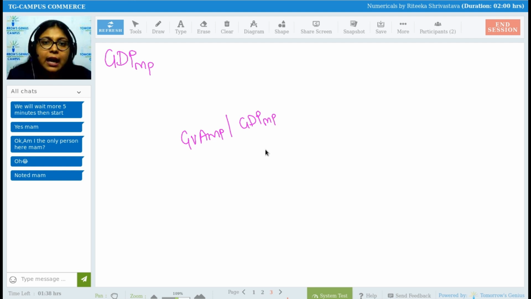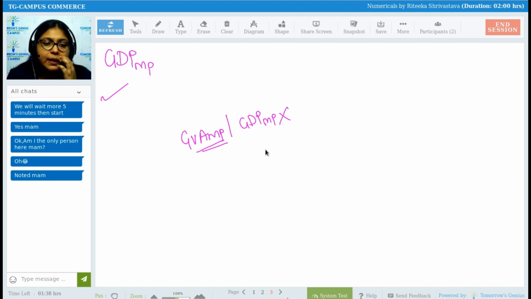So I will personally recommend that while solving questions, if you are solving the value added method, then consider GVAMP only. Don't consider GDPMP at that point of time. And while computing national income using the expenditure method, you can consider GDPMP because the expenditure method does not have any alternative.